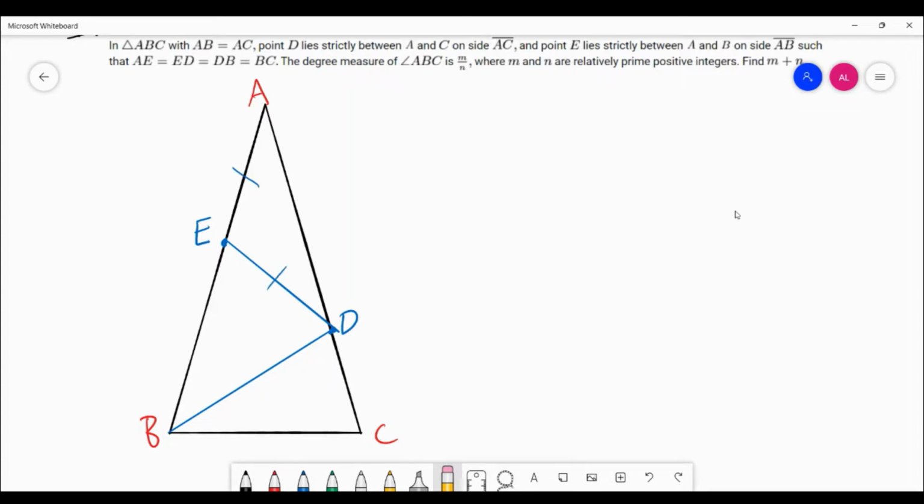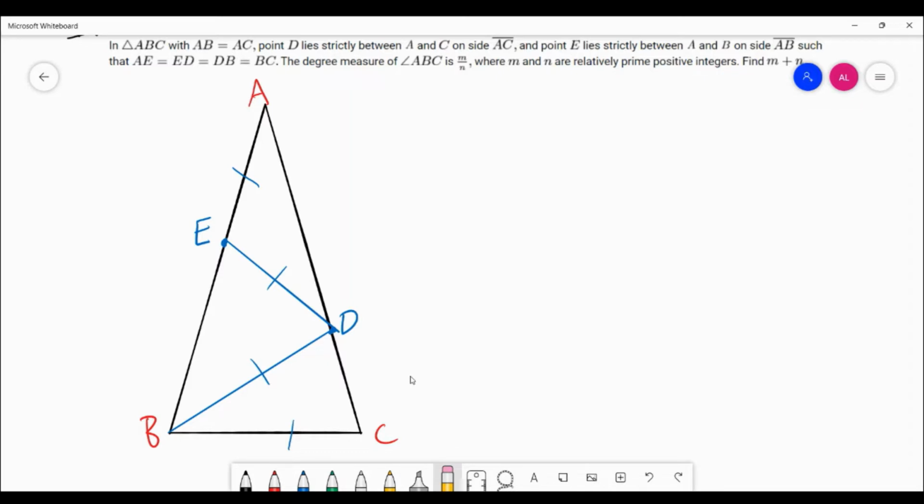So we have a whole bunch of isosceles triangles, so BDC, BDE, and AED. And the degree measure of ABC is some sort of x, and our goal is to find this x.